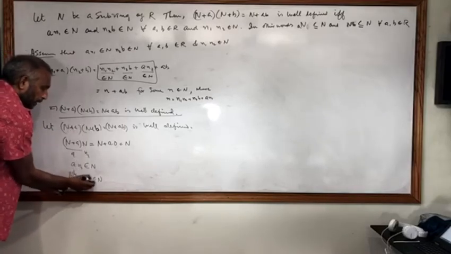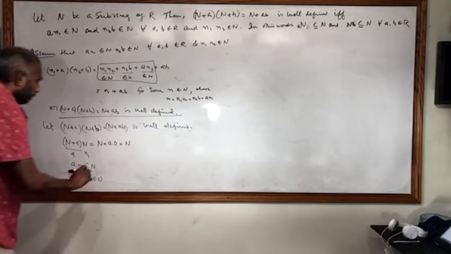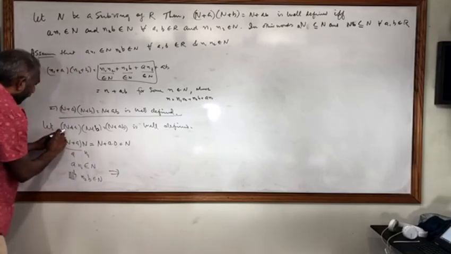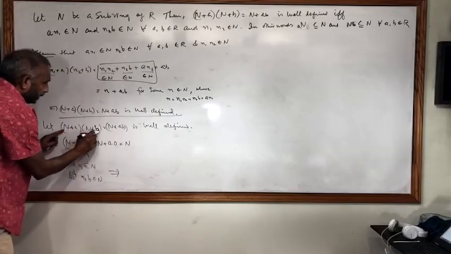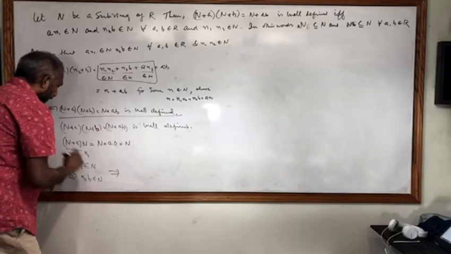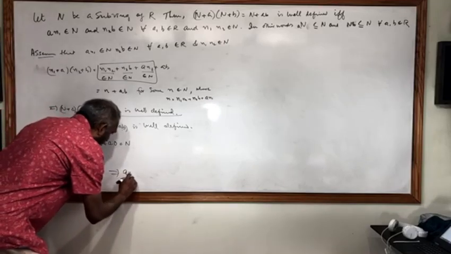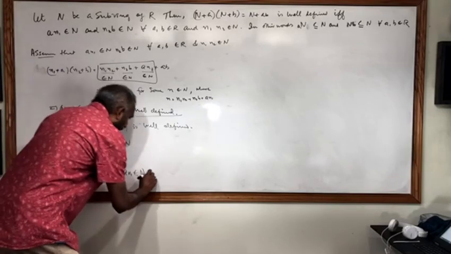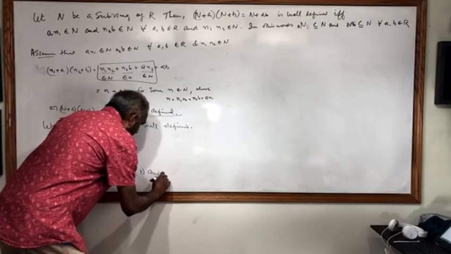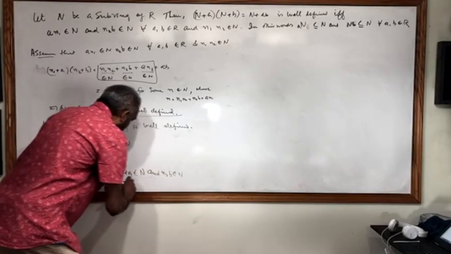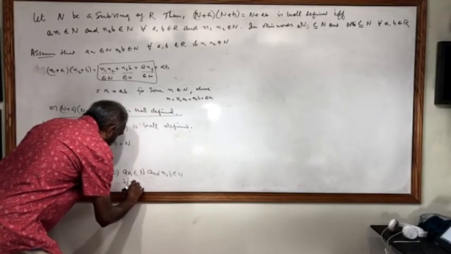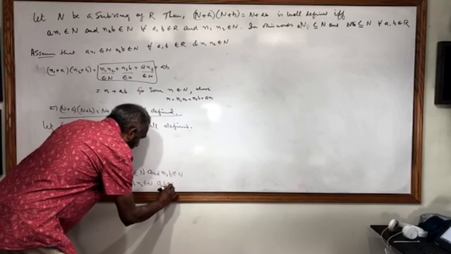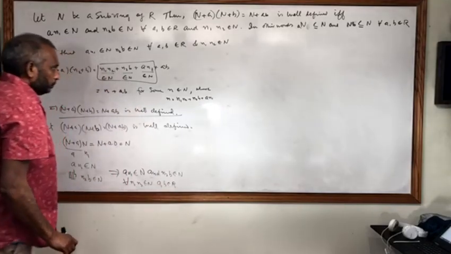So n2 B belongs to N. So this implies that if N plus A times N plus B is equal to N plus AB, then A n1 belongs to N and n2 B belongs to N for all n1, n2 in N and A, B in R.